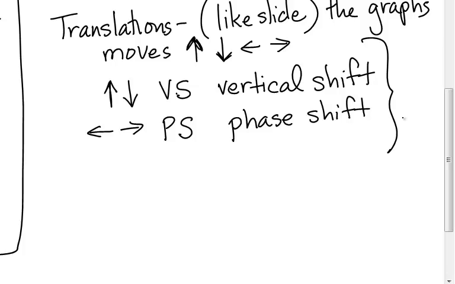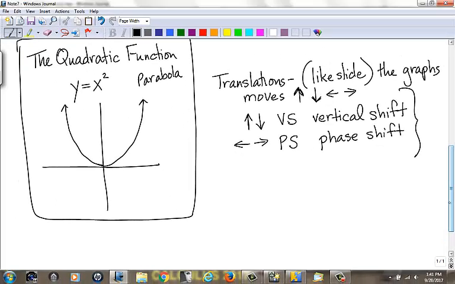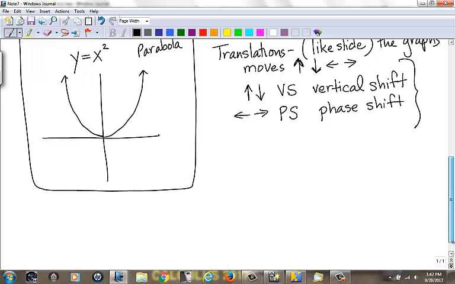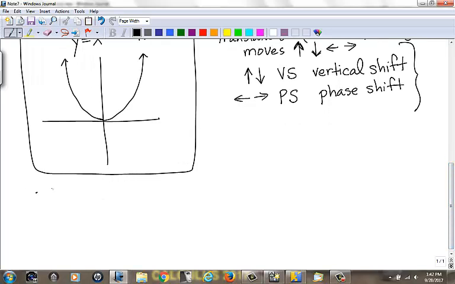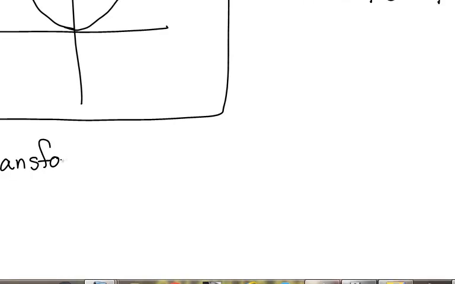They're also called transformations. You're taking the graph and transforming it into something else. I'm basically going to do these with one parent graph, the absolute value function. These will all be transformations, not just translations.